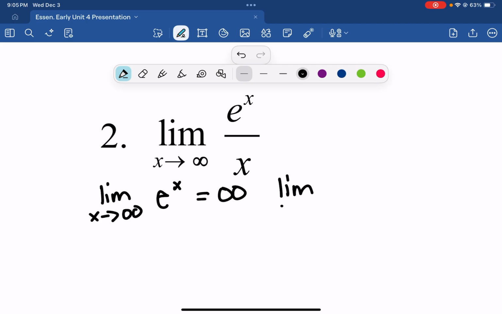And the limit as x approaches infinity of x also equals infinity. Okay, so now we can apply L'Hopital's because it meets that condition.